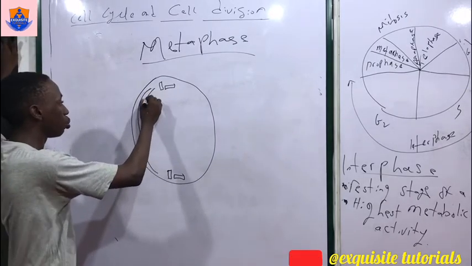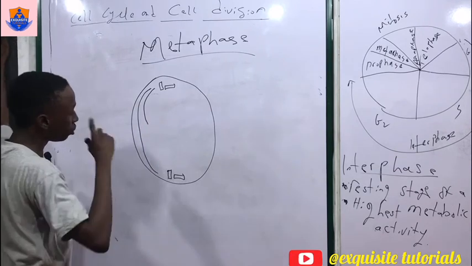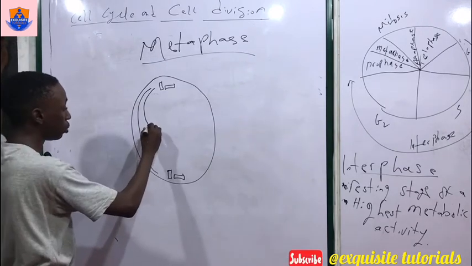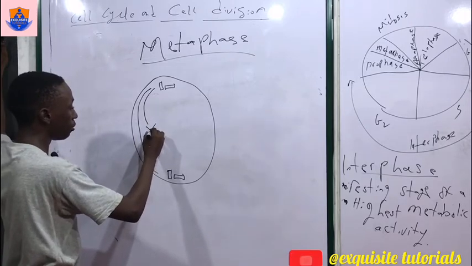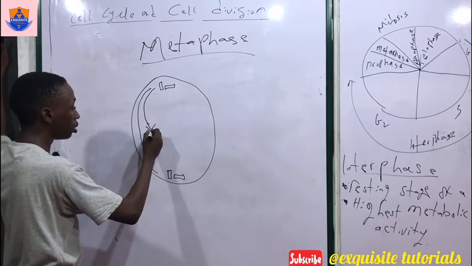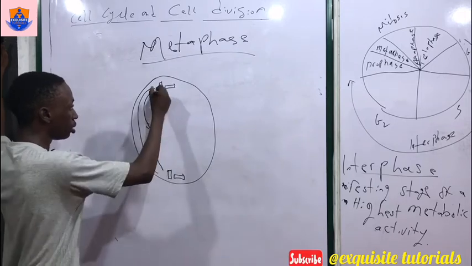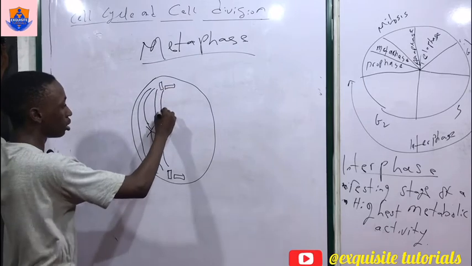And let's say we have a chromosomal spindle fiber. The chromosomal spindle fibers are fibers that are attached to the chromosomes.